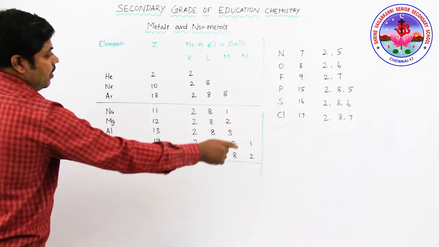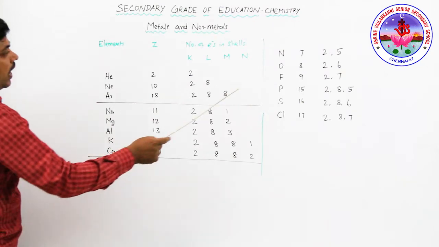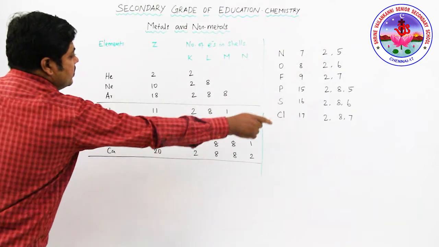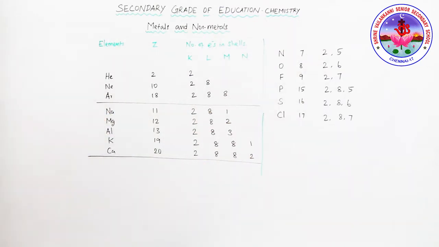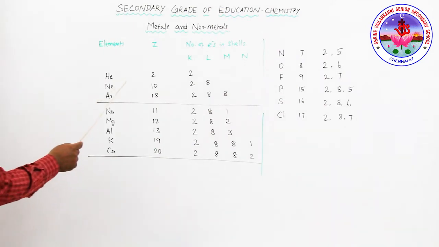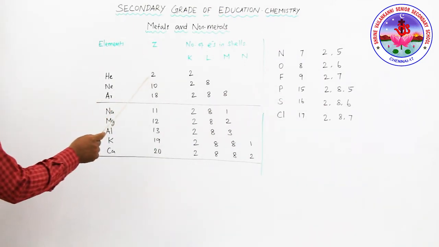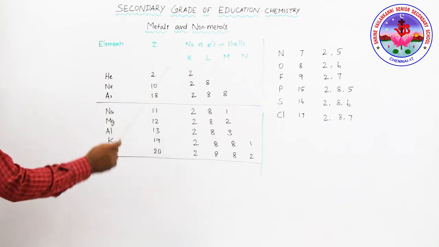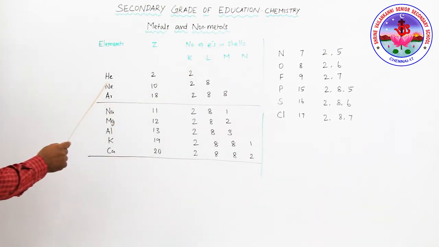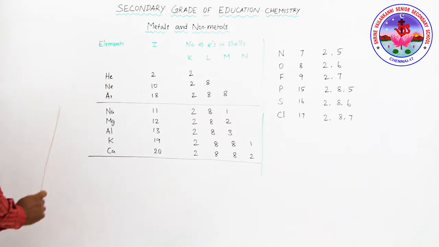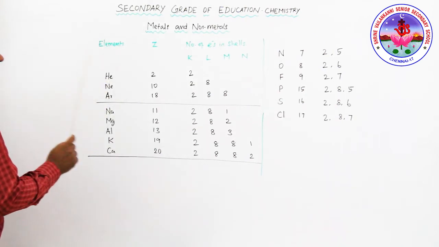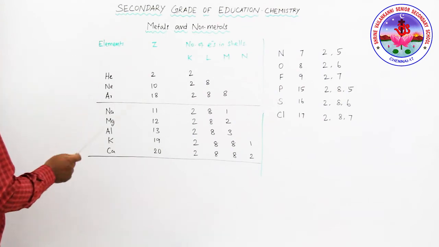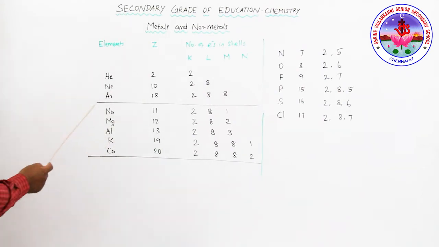This is the atomic number and this is the electronic configuration. Helium has atomic number Z equal to 2. The number of electrons in the K shell is only 2, because helium has a duplet arrangement. Hydrogen and helium have the duplet form; the rest of the elements have the octet arrangement.